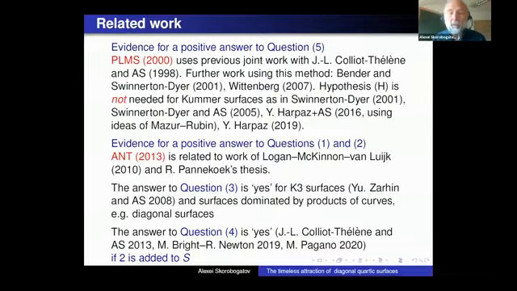And a very nice example constructed recently by Margherita Pagano shows that the answer to question 4 is yes, if 2 is added to the list of bad places. Whether or not 2 is a prime of bad reduction, it has to be added to S. So in particular for diagonal quartics over Q, we now have a complete answer to this question.